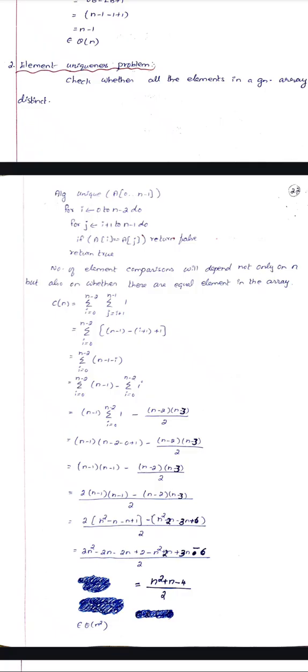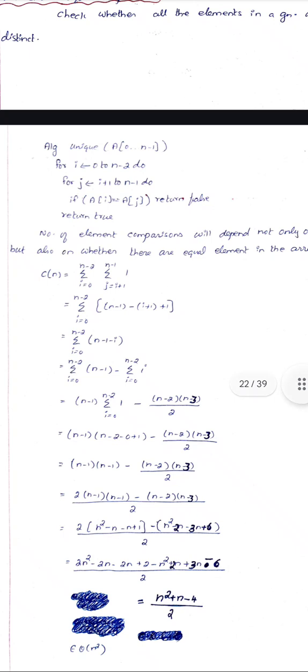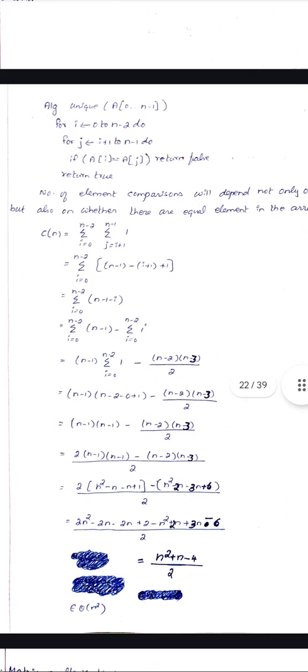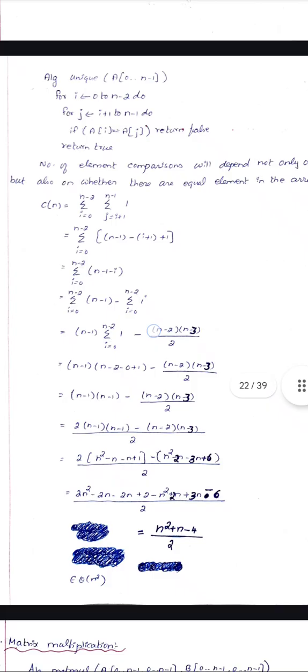So I equals 0 to n minus 2, j equals I plus 1 to n minus 1, which gives n minus 1 minus I plus 1 plus 1, that is n minus 1 minus I.